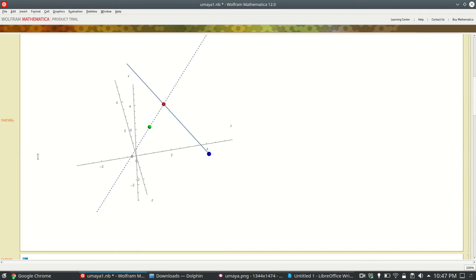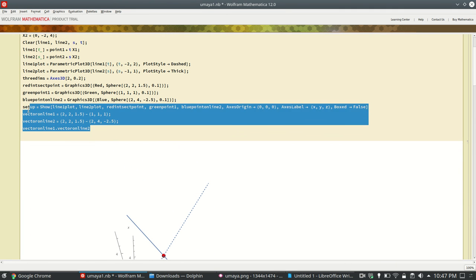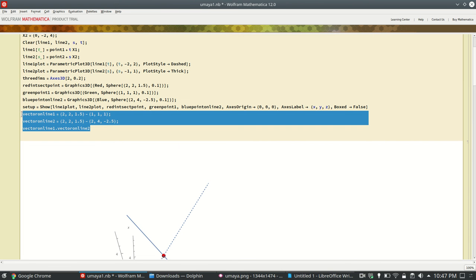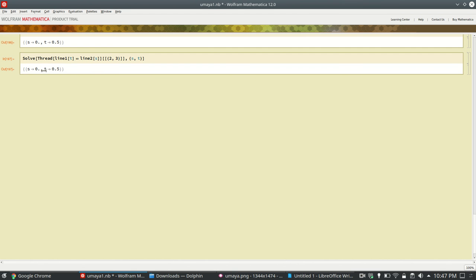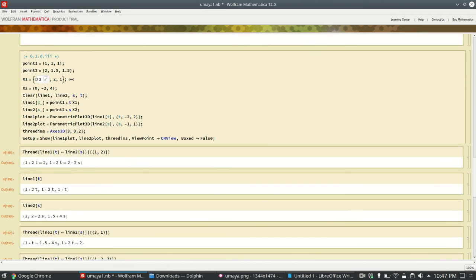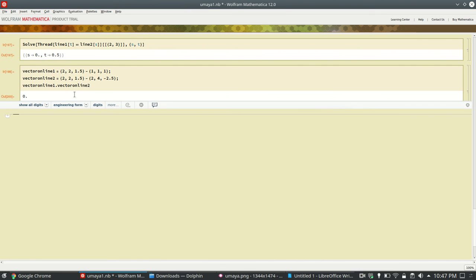You don't have to put it in the same cell as the graph; you can do it in a new cell, like this. It's easy to see here that the answer is 0. So that means the lines are perpendicular, right?